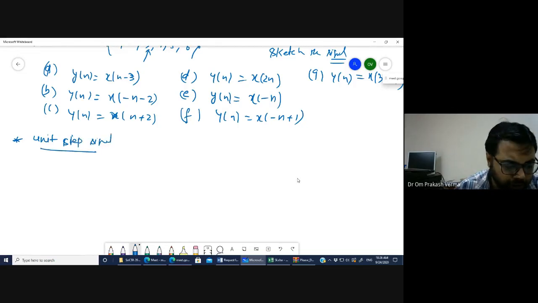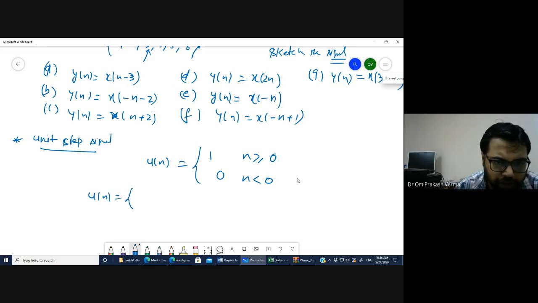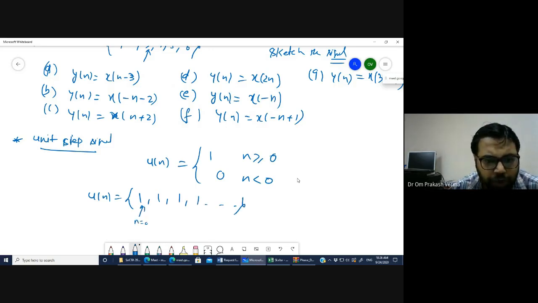The unit step signal u[n] is 1 for n greater than or equal to 0 and 0 for n less than 0. You can also write it as 1 1 1 1 1 and so on, with the arrow starting from n equal to 0, and for n less than 0 all values are 0.